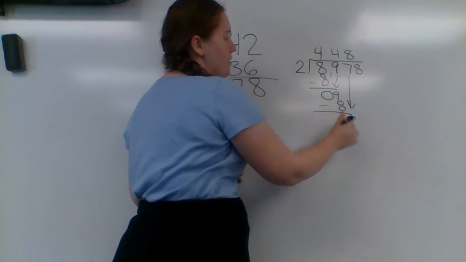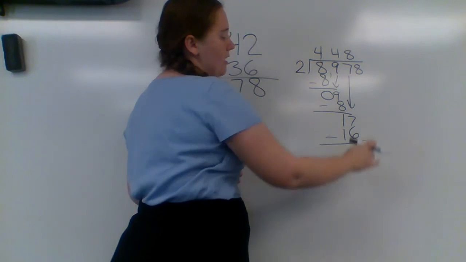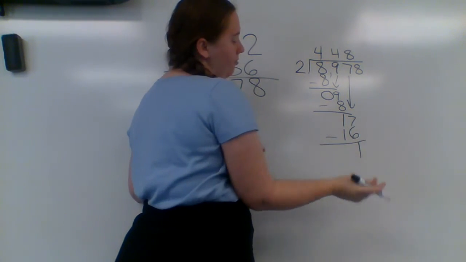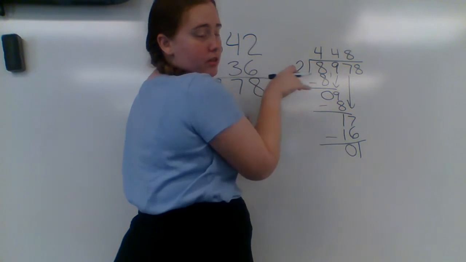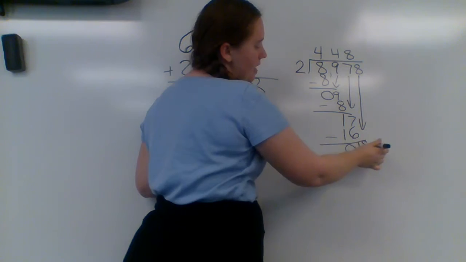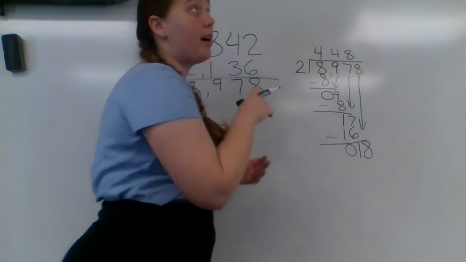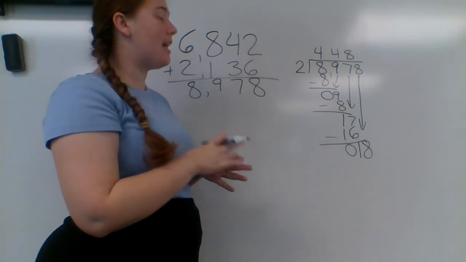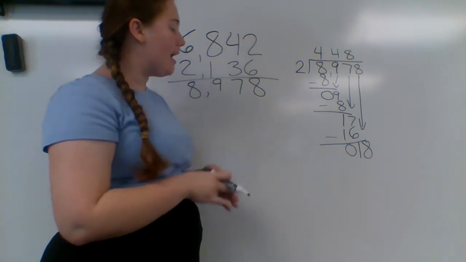So we have 2 times 8 is 16. And 7 minus 6 is 1. And 1 minus 1 is 0. And 1 is smaller than 2, so it's a good match. Bring down the 8, and now we have 18 down here. 2 will go into 18 how many times? 2, 4, 6, 8, 10, 12, 14, 16, 18.